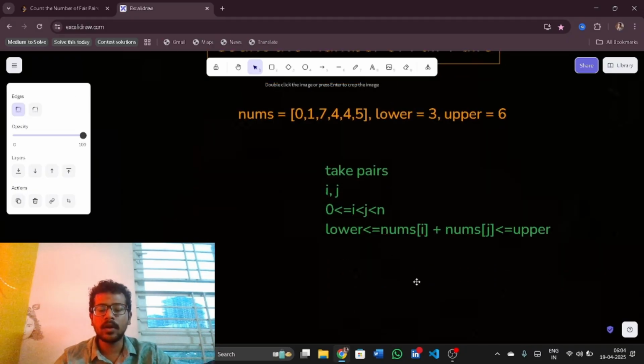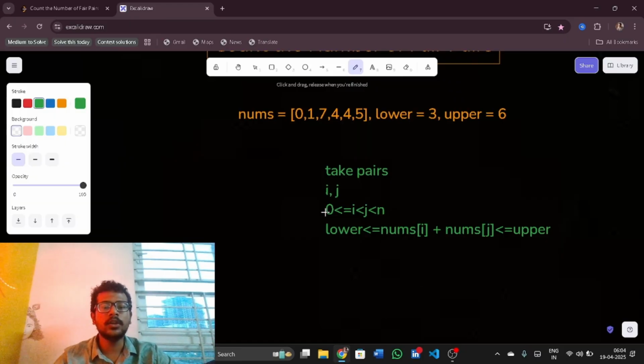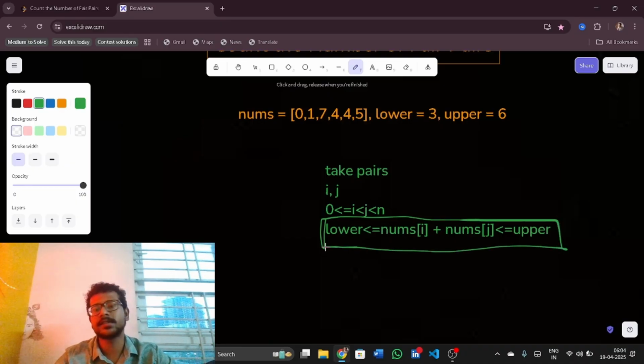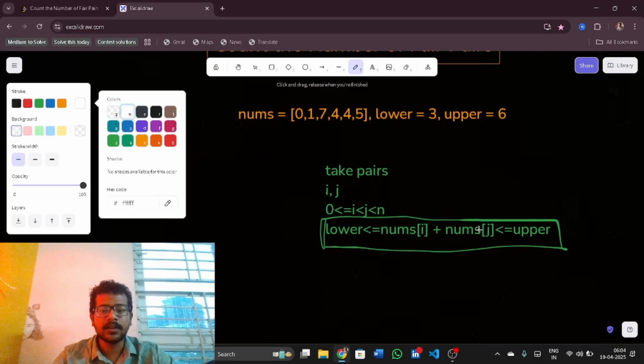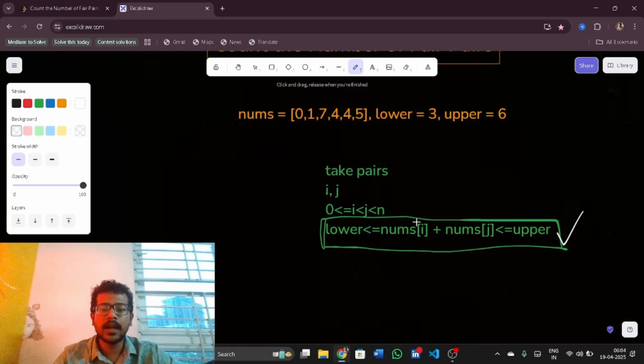Now let us see what happens when you consider this one. Lower is less than or equal to nums of i plus nums of j is less than or equal to upper. Consider only this condition and put the other condition aside for a minute.